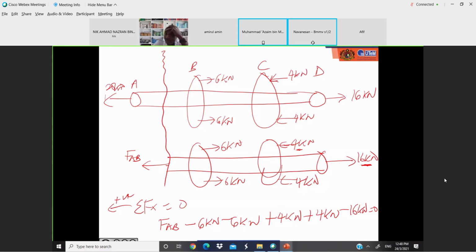FAB 20. FAB equals 20 KN. So kiri 20 KN, kanan 20 KN, sama-sama. So FAB 20 KN.